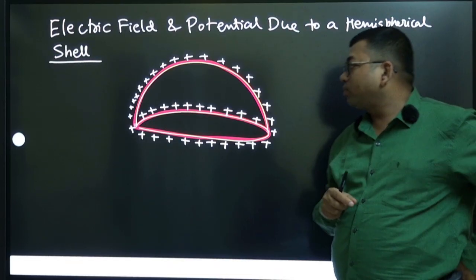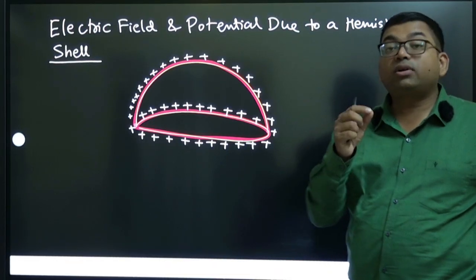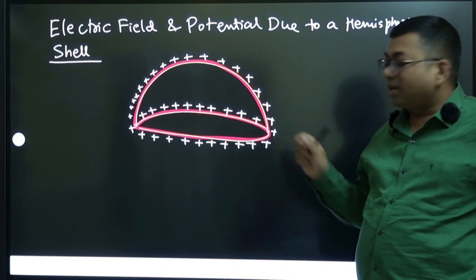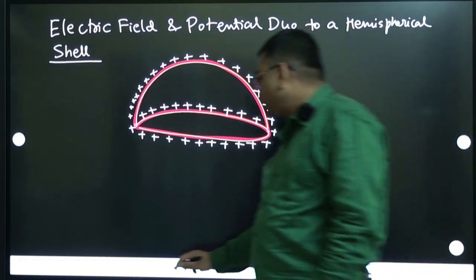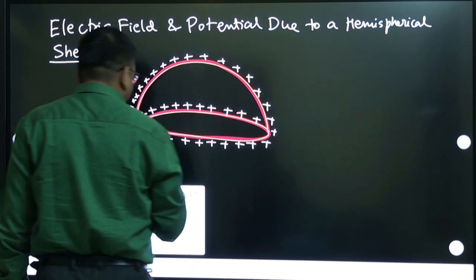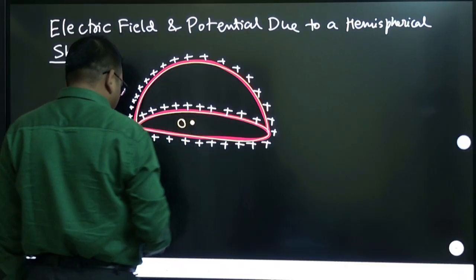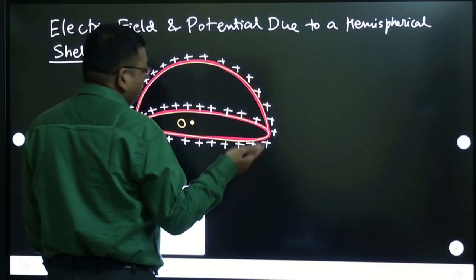Okay, so what do we want to calculate? We want to calculate the electric field. Where? At the center. What is the field at the center? To calculate the field, after that we will calculate the potential also.